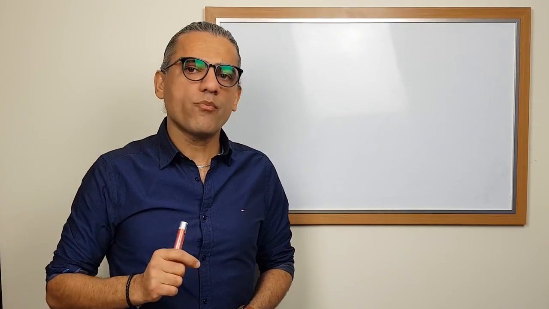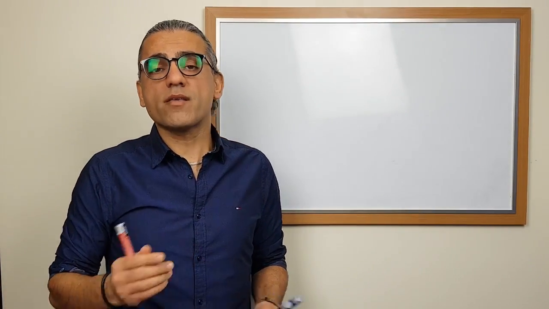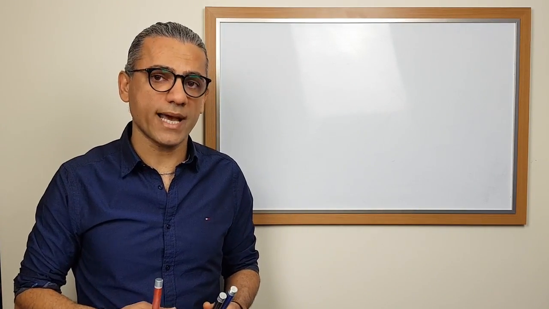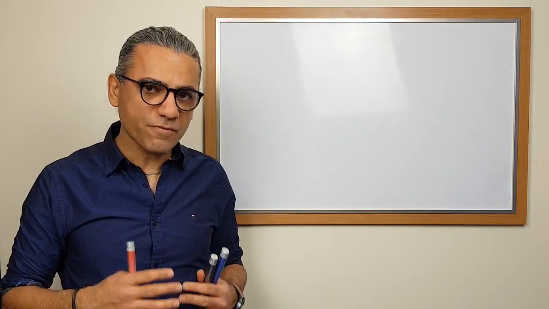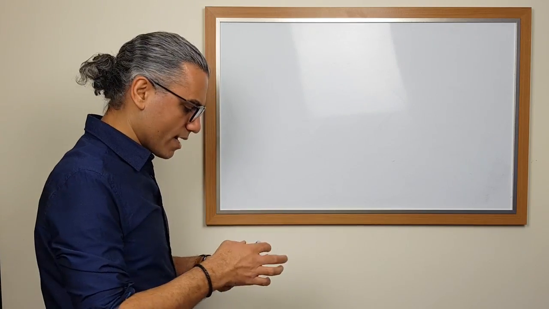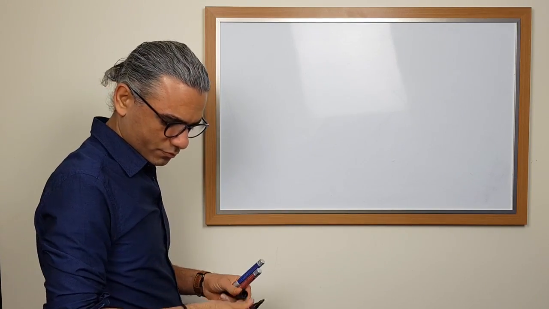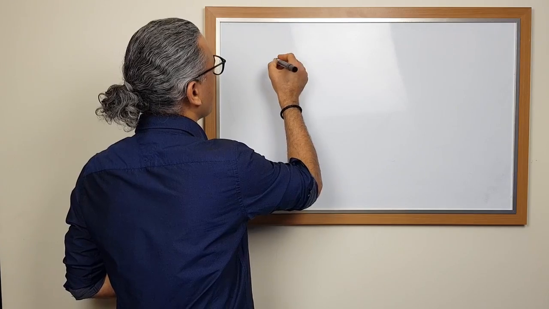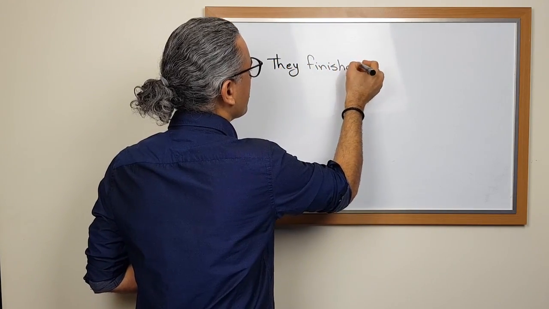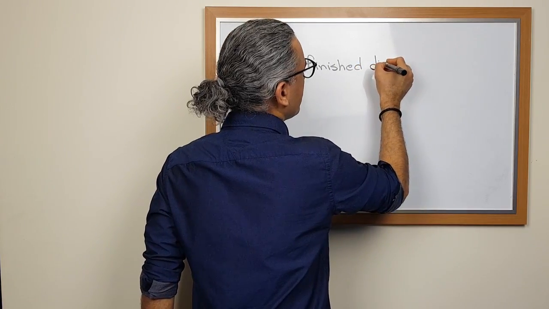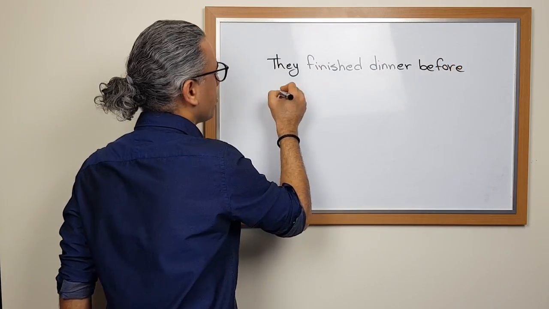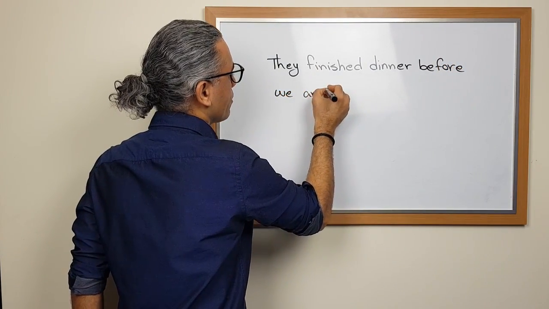Now, let me give you a point about past perfect. Sometimes we don't need to use past perfect, even if we want to describe an action or something that happened and finished before the main event of the story. But how? Look at this example. They finished dinner before we arrived.